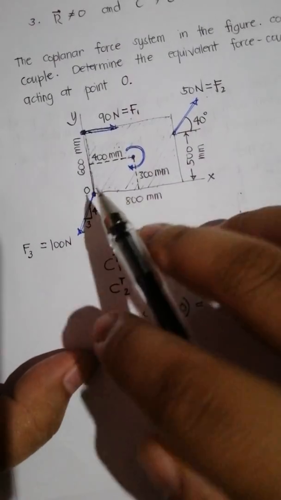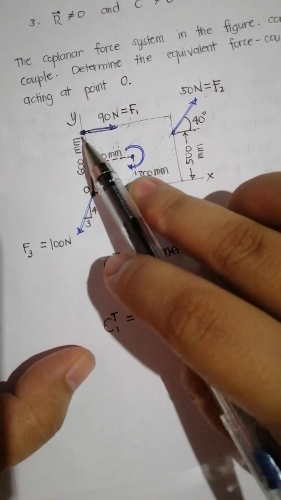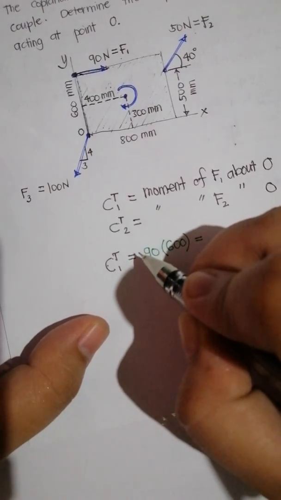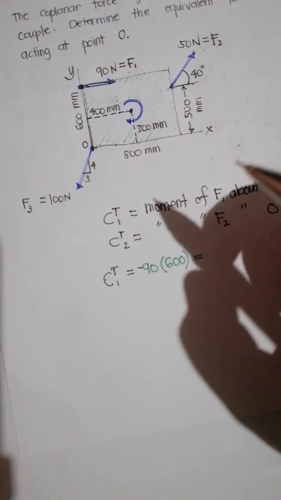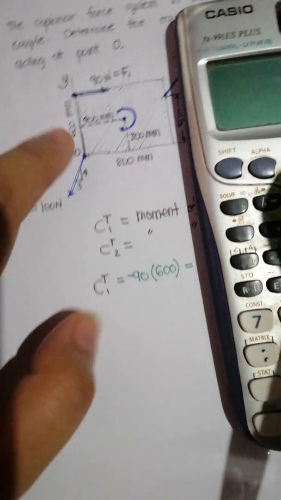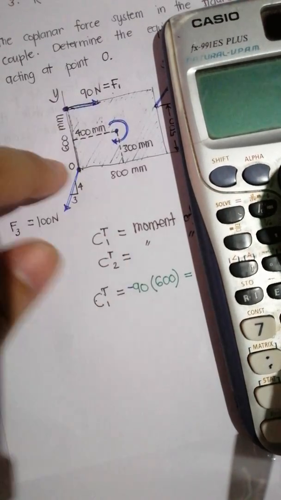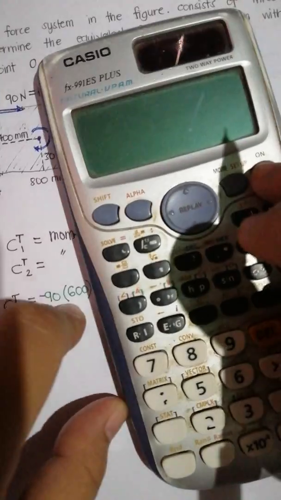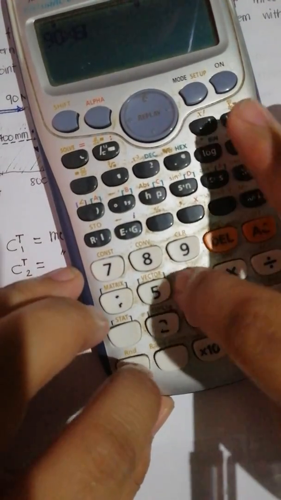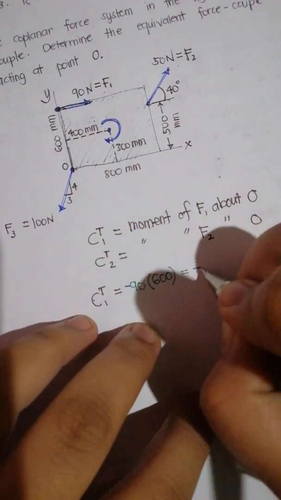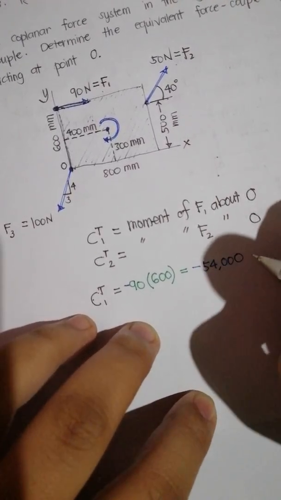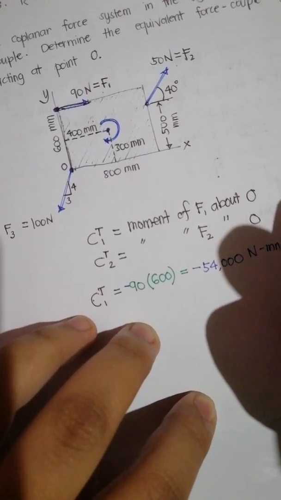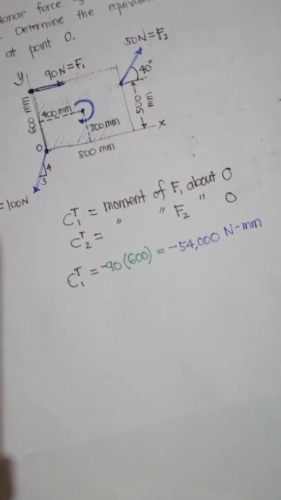So since the rotation of F1 about the origin is clockwise, the couple formed is negative. So the moment of the 90 Newton force about point O is clockwise, therefore the couple of transfer is negative. We multiply 90 times 600, so we will have negative 54,000. This is of course in Newton-mm because the force is in Newtons and the distance is in millimeters.